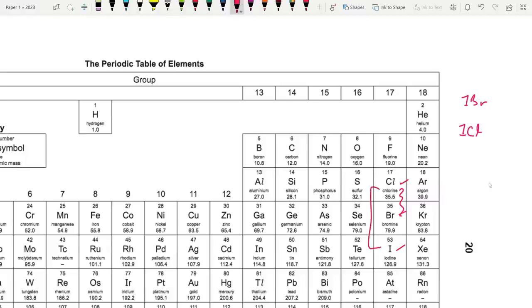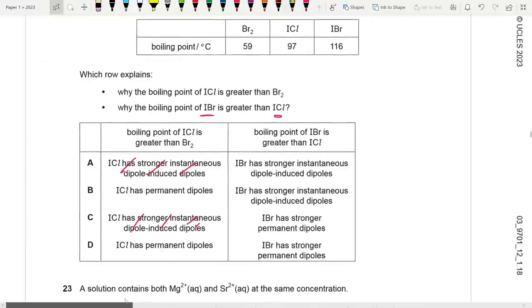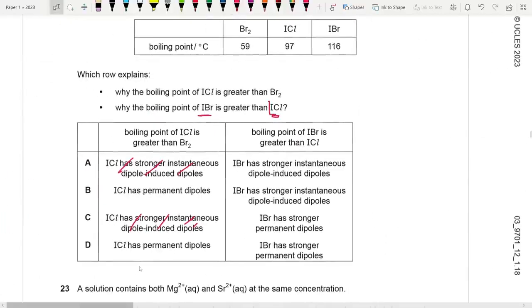So the difference in electronegativity between ICl and IBr, which one is higher? ICl has a greater difference in electronegativity, right? As a result, it should have stronger permanent dipoles, logically, because the difference in electronegativity is higher.